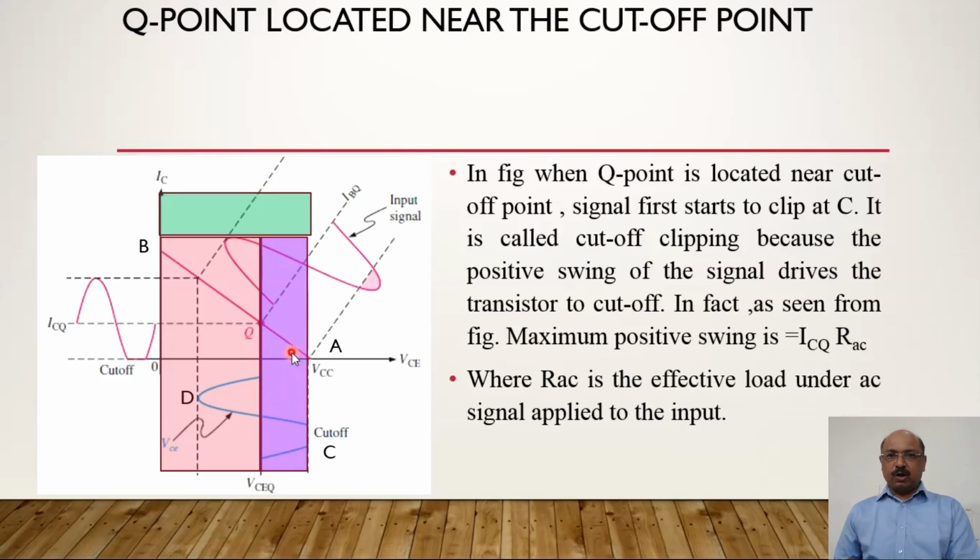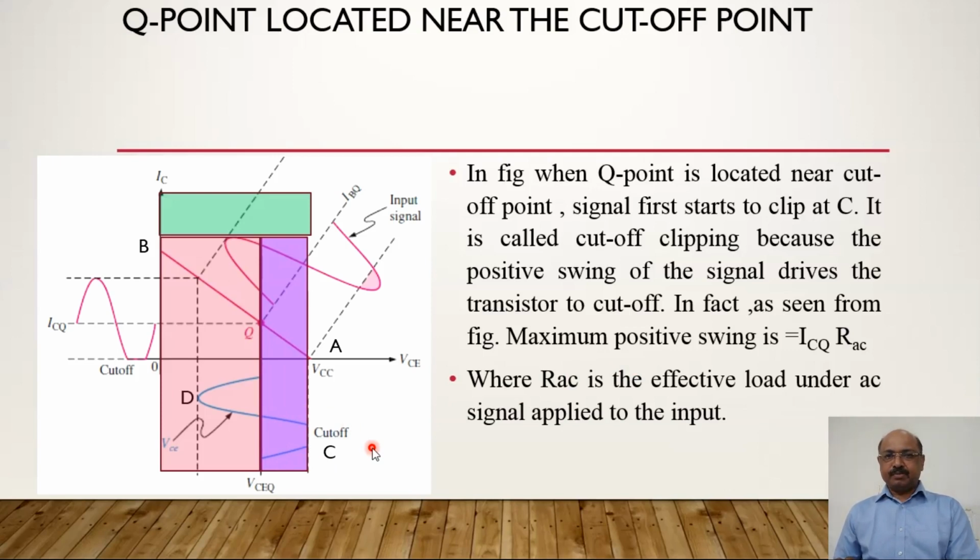If we do not follow the rule, meaning more portion of VCEQ is utilized than ICQ RAC, then the signal first starts to clip at C. See, this is the portion of clipping of the waveform. It is called cutoff clipping because the positive swing of the signal drives the transistor to cutoff.